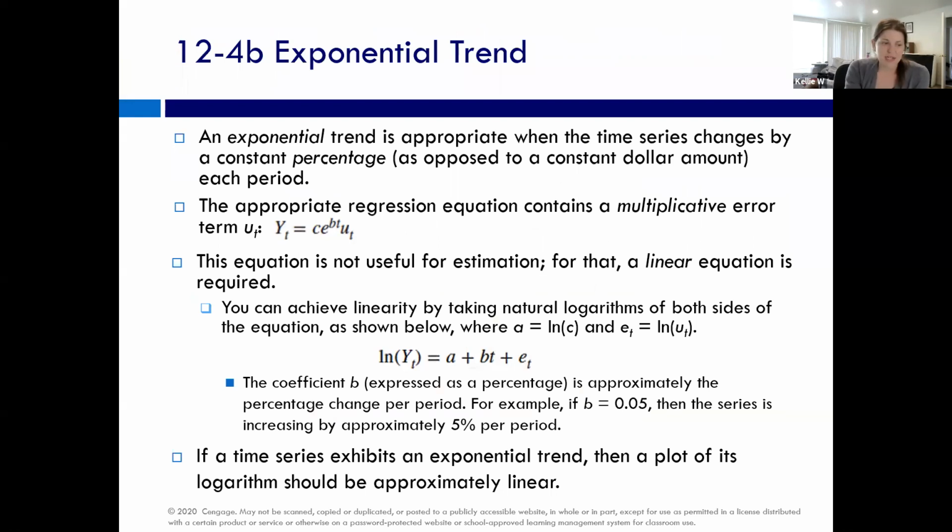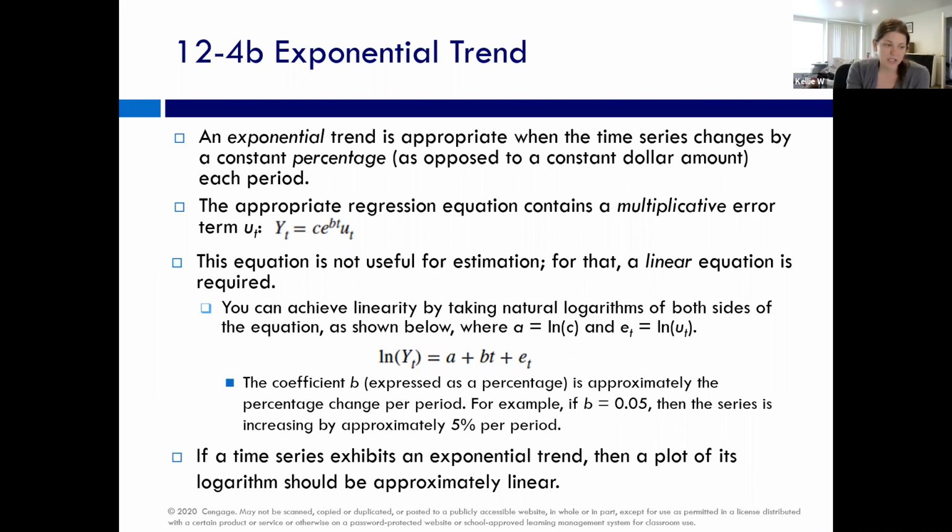An exponential trend is appropriate when the time series changes by, instead of a constant amount, a constant percentage each period. And so we would have a similar equation, but now we have this multiplicative error term thrown in there, U sub t.